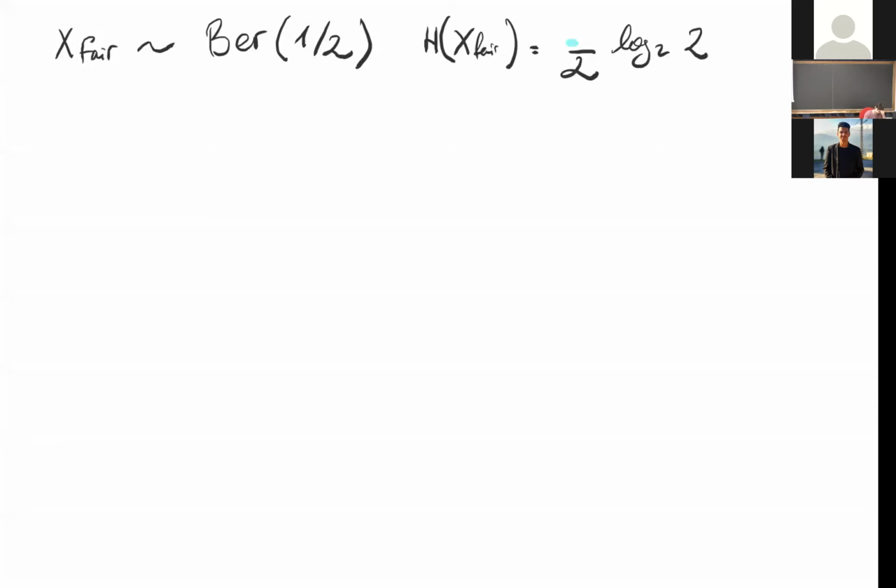So actually, this is just log 2 in base 2, which is 1. So a fair coin is like a random bit. It has entropy of 1 bit. Okay?